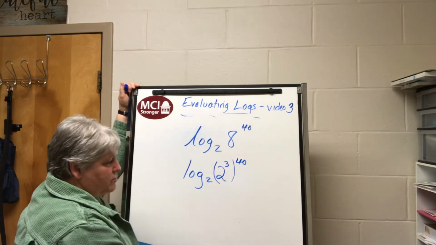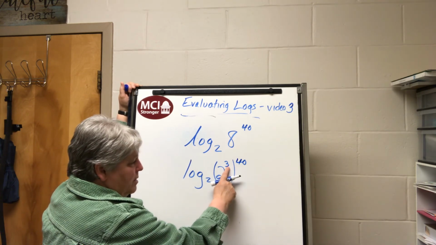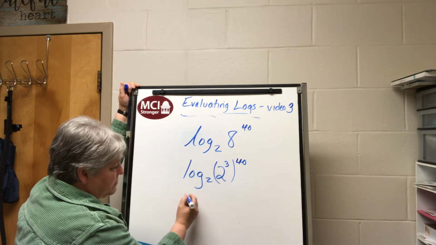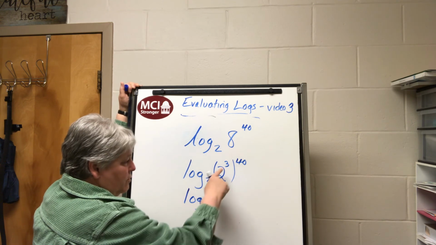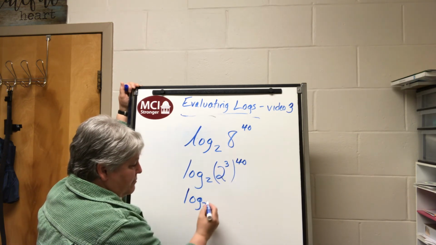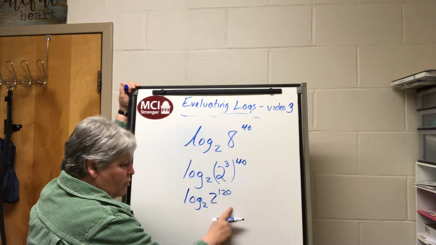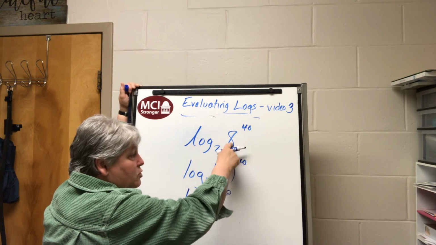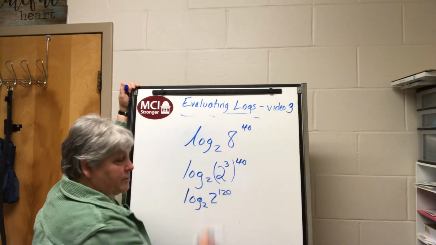And what if I used a property of exponents? I said when you have something to a power, to a further power, you can multiply the exponents. So 3 times 40 is 120. This problem right here is equivalent to what we started with, because all we did is replace an 8 with a 2 to some power.